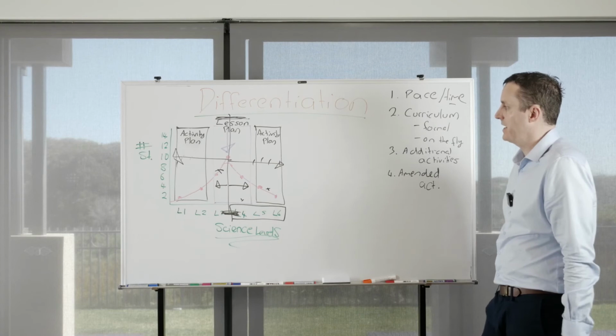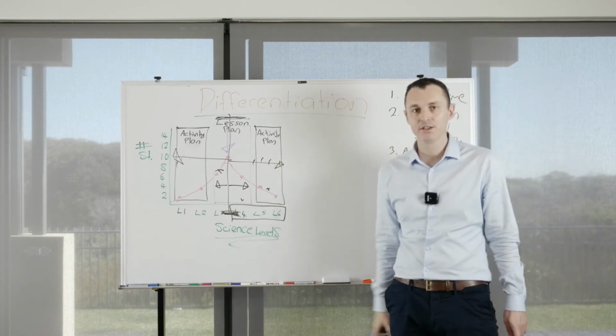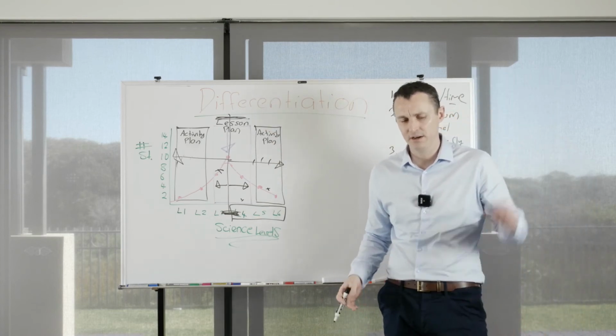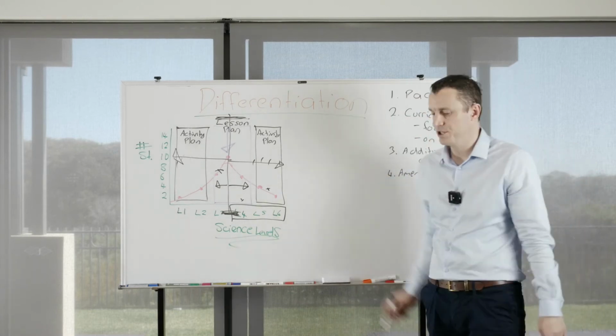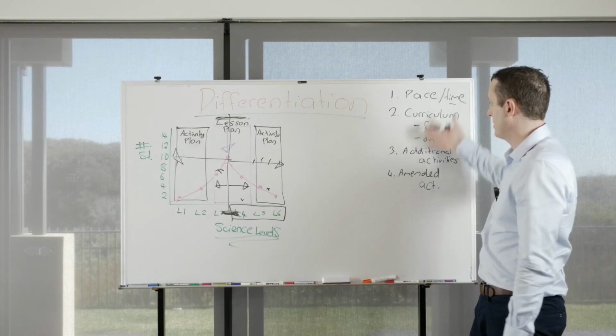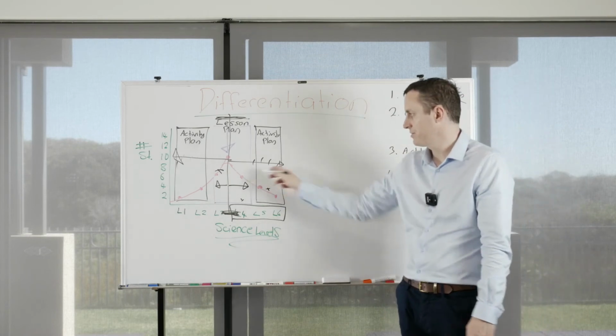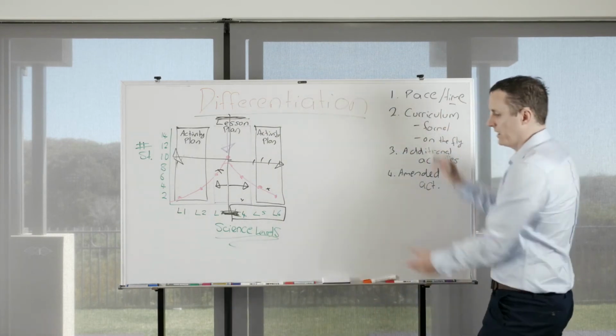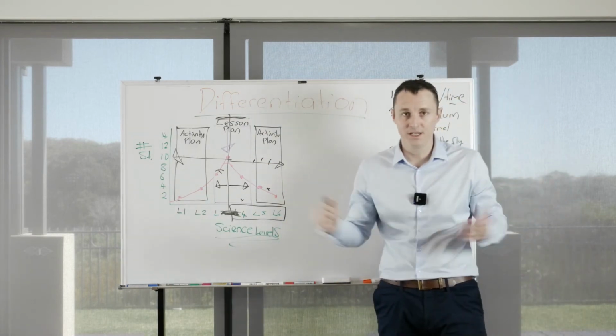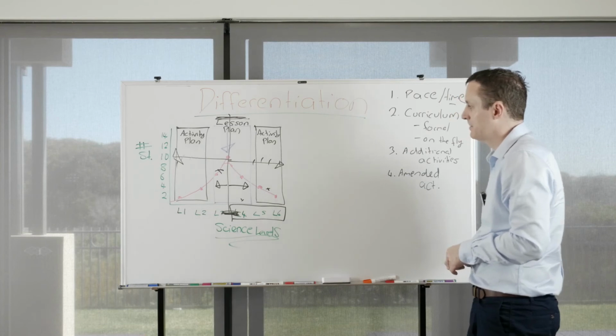When you start your lesson, you're going through at the very start and saying, right, this is what I want everyone to do. Here are my 10 questions. You could easily just write 3 or 4 extra ones on the board for those students who want that bit of extra challenge. They can do those 10, and then they can do the extra 3 or 4. That's the simplistic way to do it.